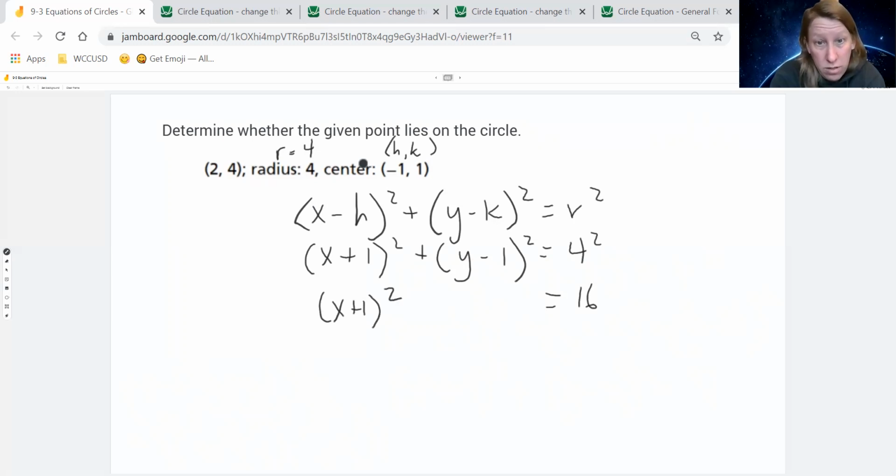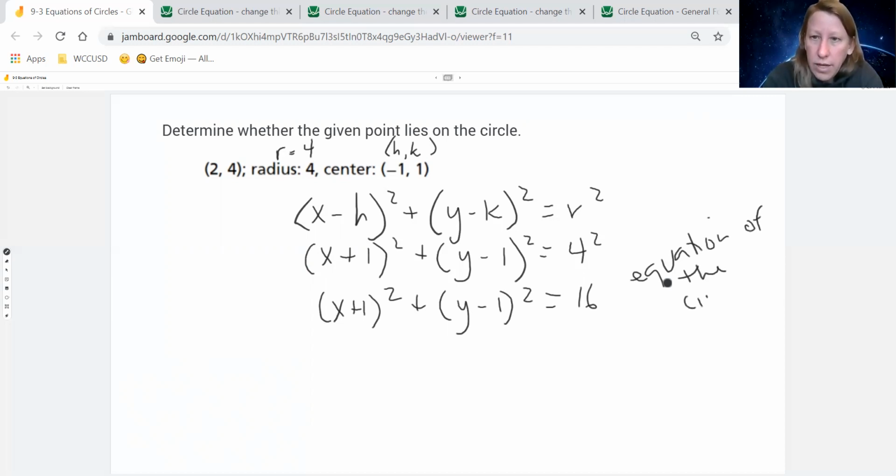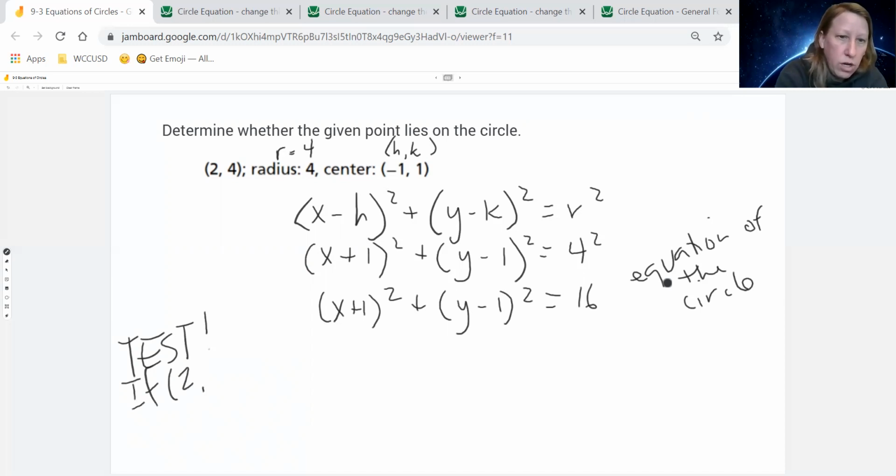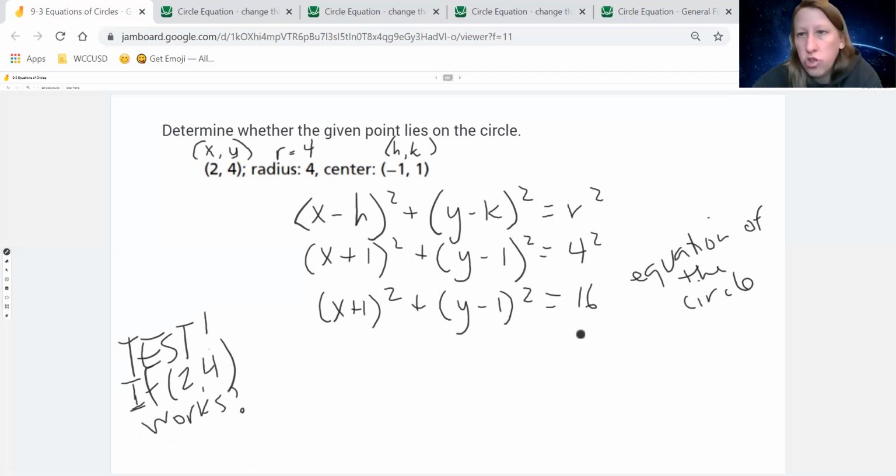Now I'm going to put into this equation, this equation of the circle, a test to see if the point 2, 4 works. I'm going to see if 2 for x and 4 for y is going to make this equation true.